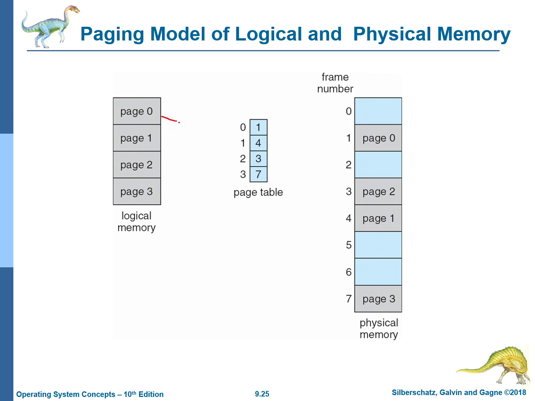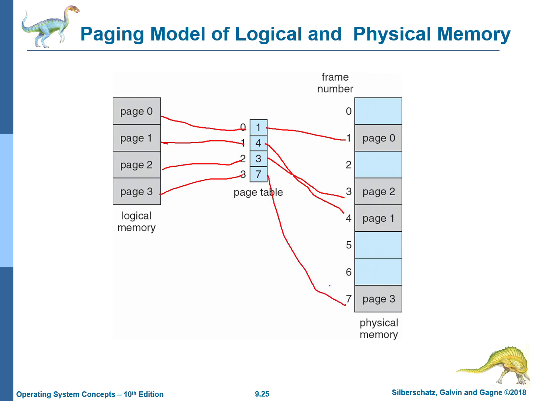Page 0 is stored on location 1, page 2 is stored on location 3, and page 3 is stored on location 7.